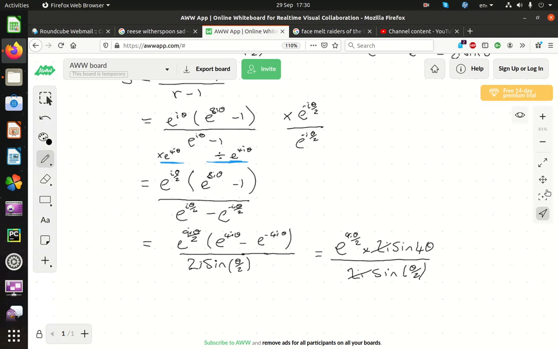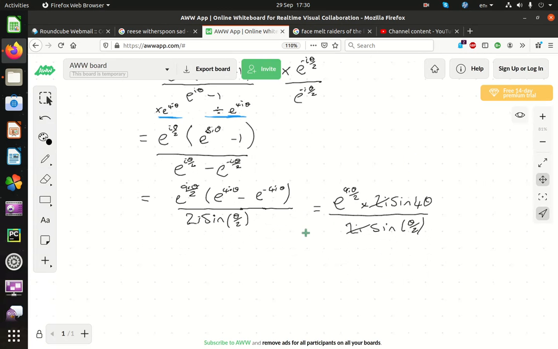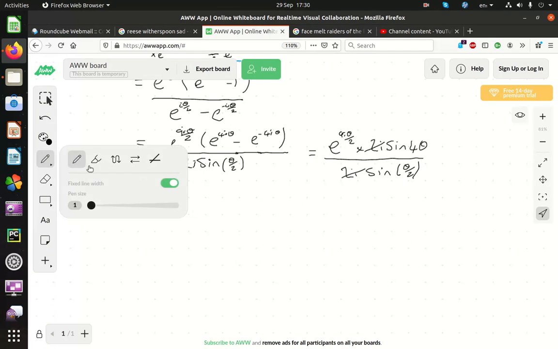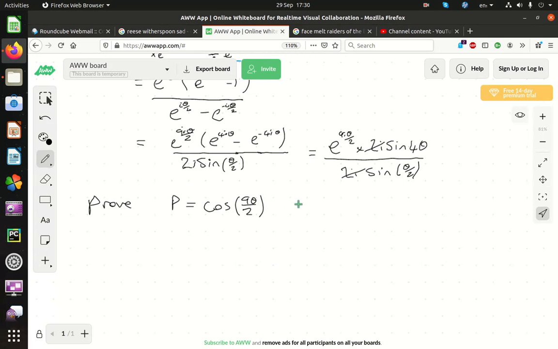And the next part of the question is where they say find P, and I'm actually going to write it down. I think they tell you the answer for P, but I'm just going to say find a simplified, they say prove P equals cos of 9 theta over 2 sine 4 theta cosec theta over 2.